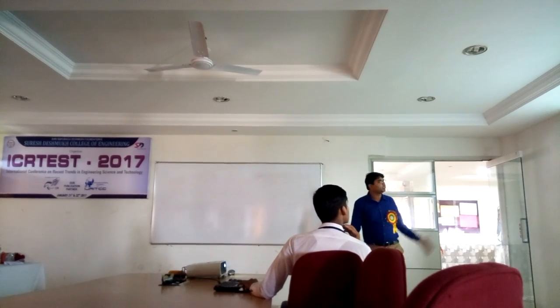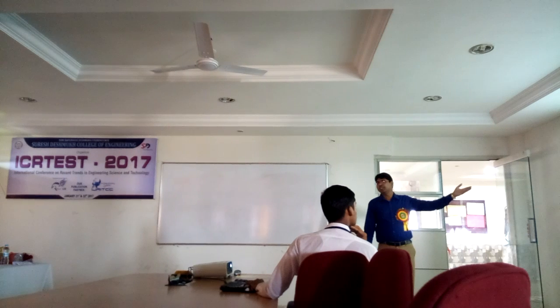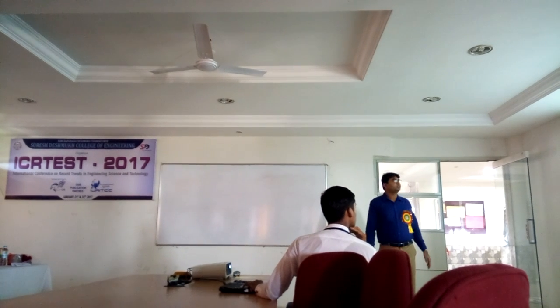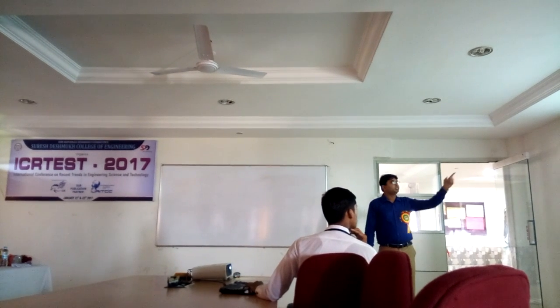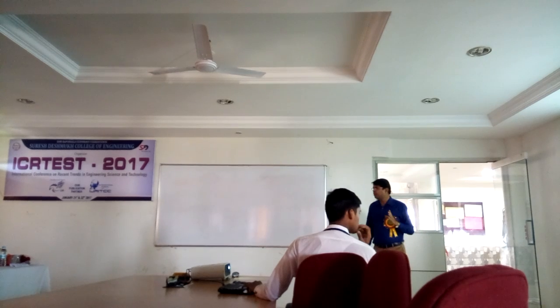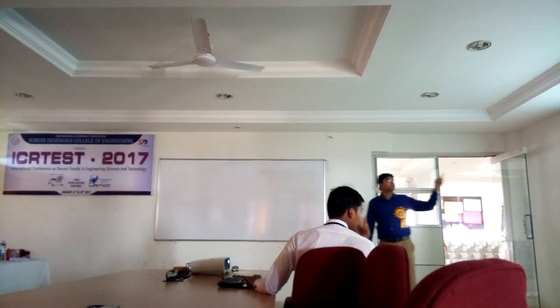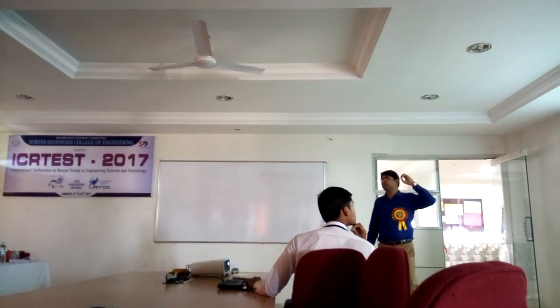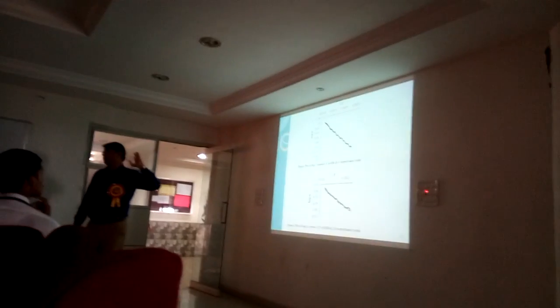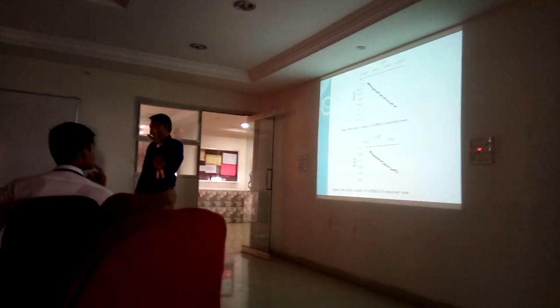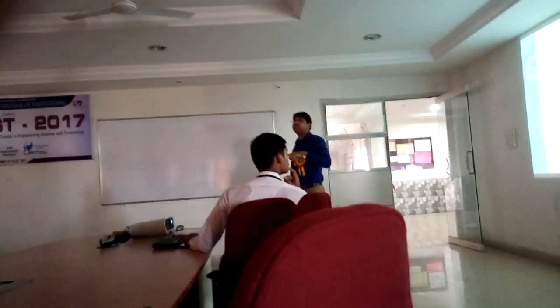This one is for the second material. This is the Williamson law. It is true, this log of sigma versus 1 upon T plot comes out very nicely. What is the significance of this plot?